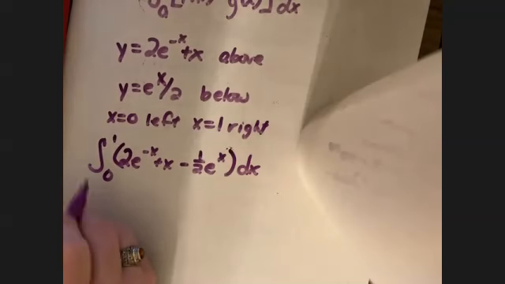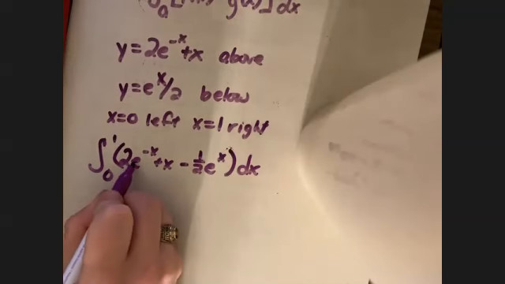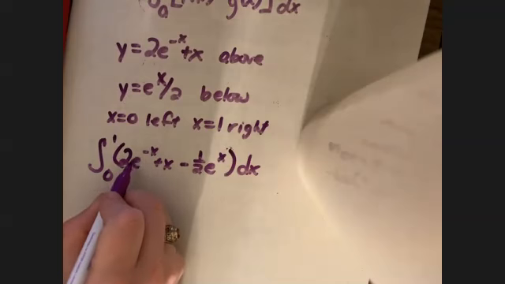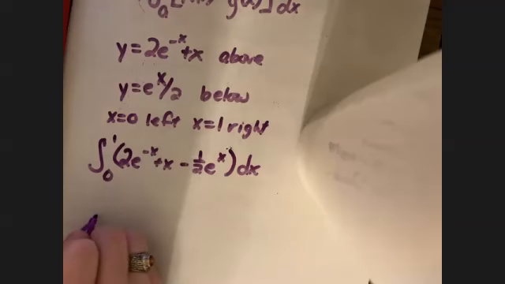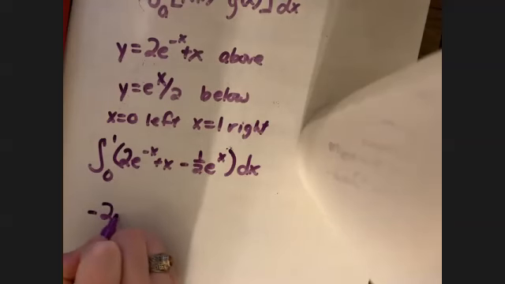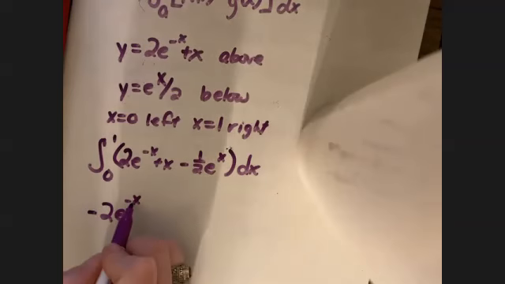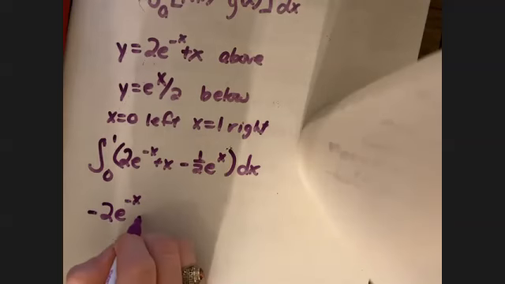Okay, so now integrating up. Let's think about this. E to the negative x. The derivative of e to the x is e to the x, but this has a negative, so it's going to pick up a negative. So I need to pick up a negative on the way back up, because again, the 2 would have been extra. E to the x comes down, but I would have had a negative, so that's going to cancel off.